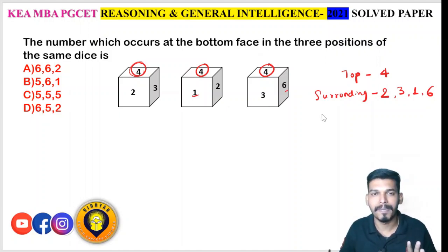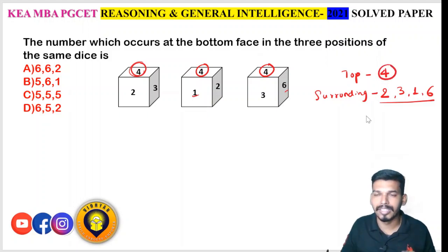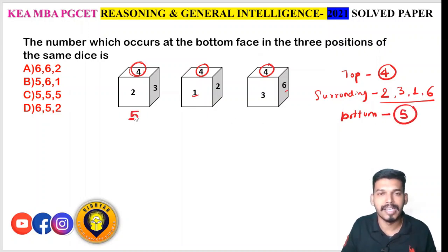These are the numbers surrounding the face. The top has 4, so which is the remaining number? The remaining number is 5, which means the bottom face is 5. In this dice the bottom face number is 5.